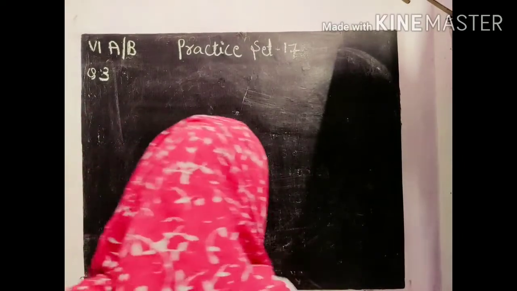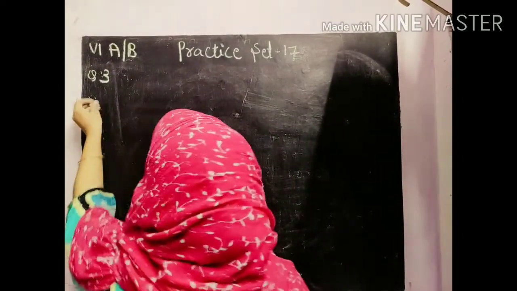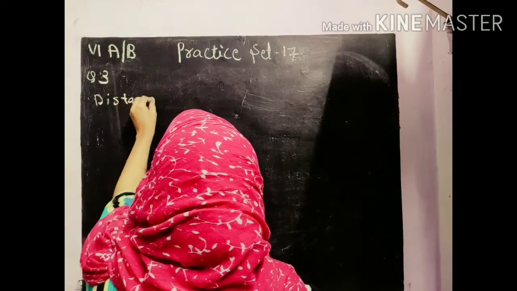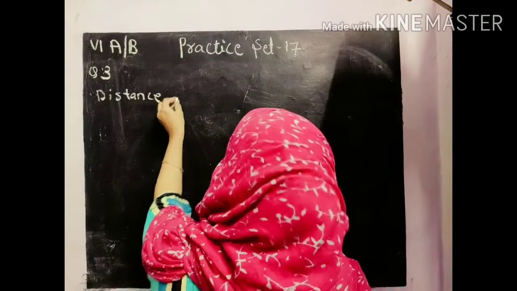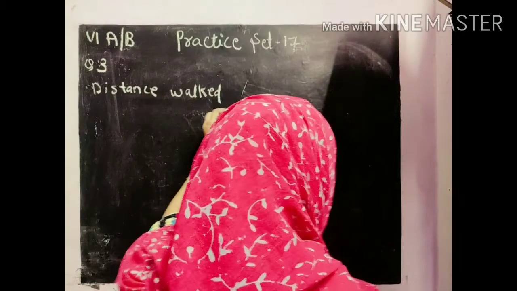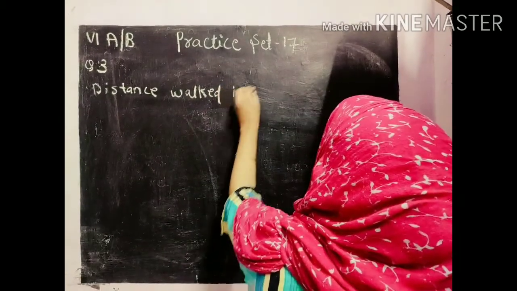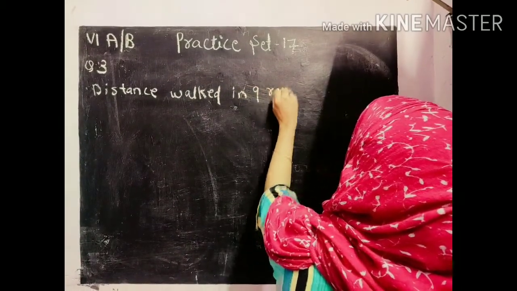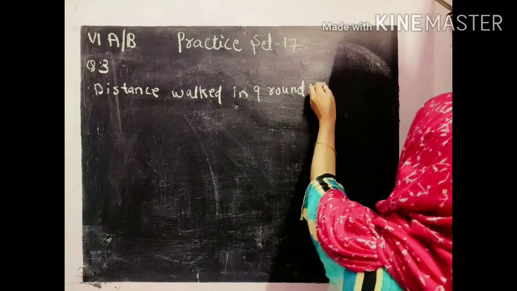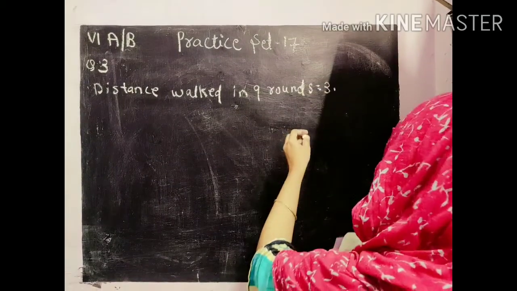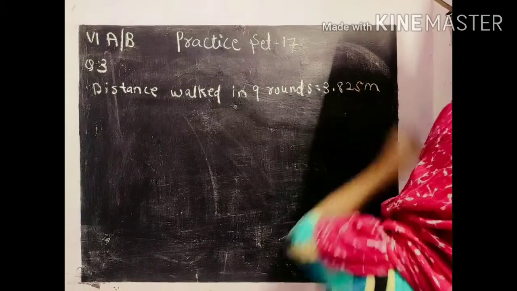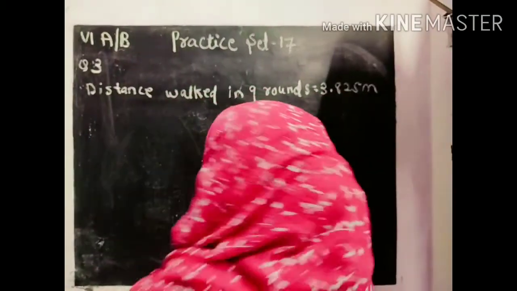First we will write: distance walked in 9 rounds is 3.825 kilometer.